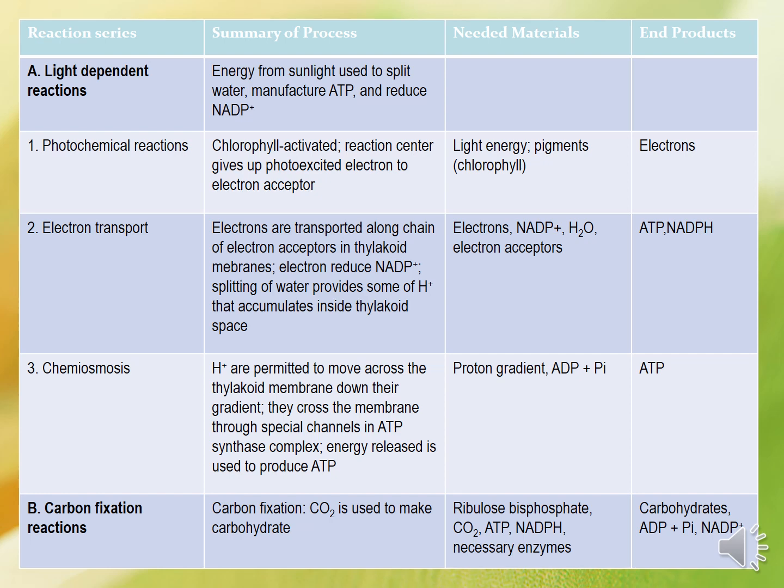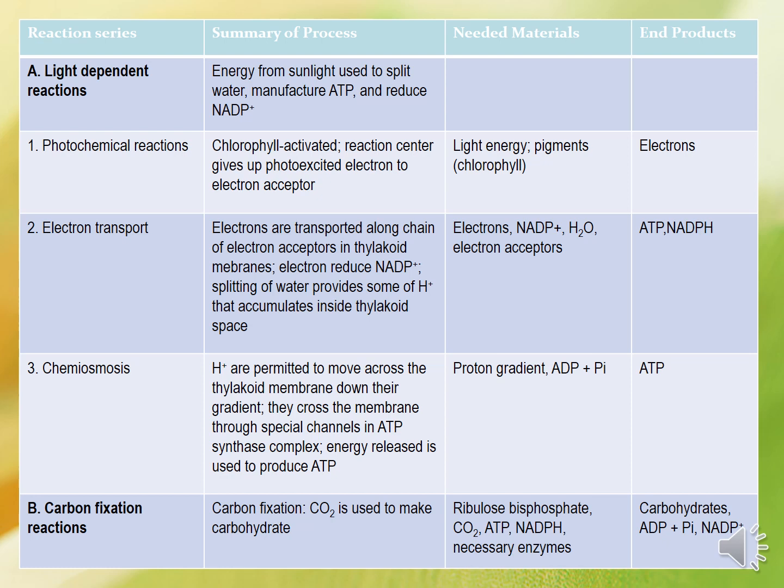This means NADP plus will receive the hydrogen ion obtained from the splitting of water that accumulates in the thylakoid space. The needed materials in electron transport are the electron, ADP, the water, and also the electron acceptor. Of course, the end product from electron transport is ATP.